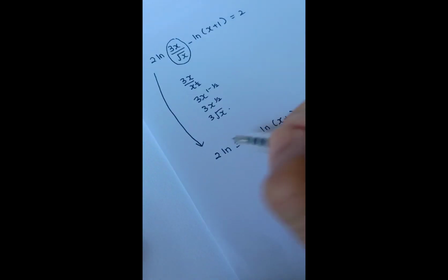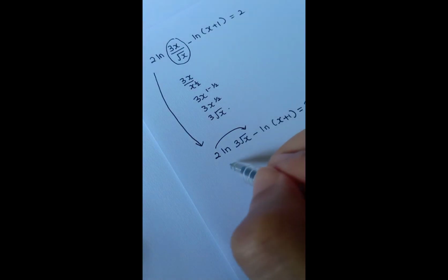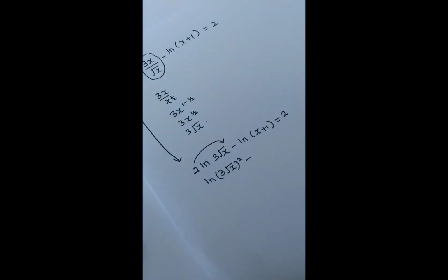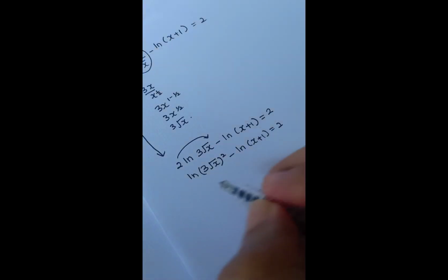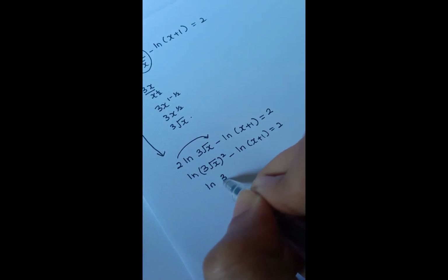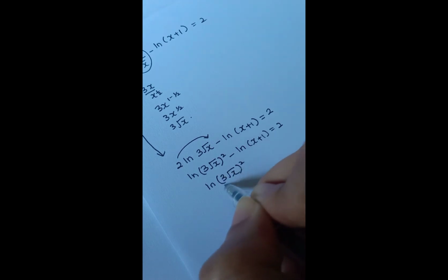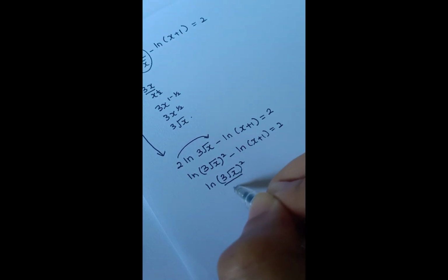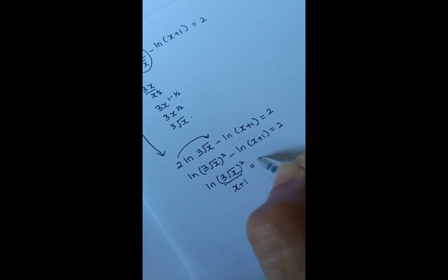So this one, you can bring the index upward and you will write ln 3 square root of x power of 2 minus ln x plus 1 is equal to 2. Then we apply the laws of logarithms, minus, you will write it as divide. So 3 square root of x power of 2 divide by x plus 1 is equal to 2.